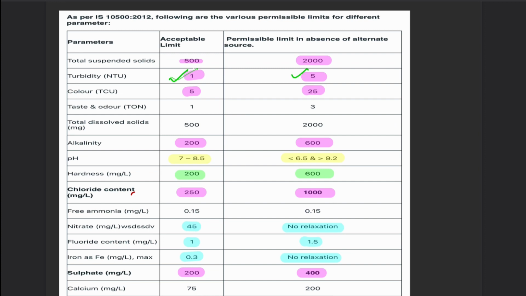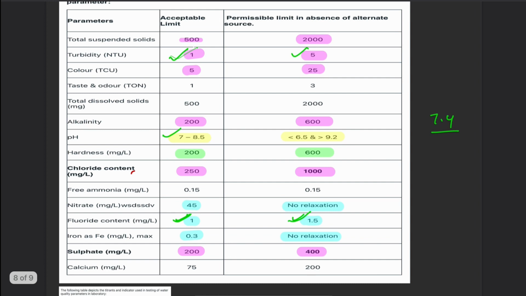Next is pH value: 7 to 8.5, and we have pH 7.4 in the question, so this is also good. Fluoride acceptable limit is 1, can go up to 1.5 but not more than that. So fluoride is also given, pH okay, turbidity is fine.